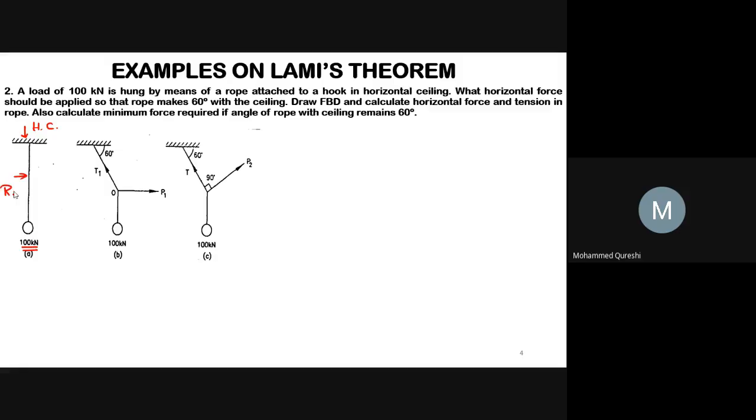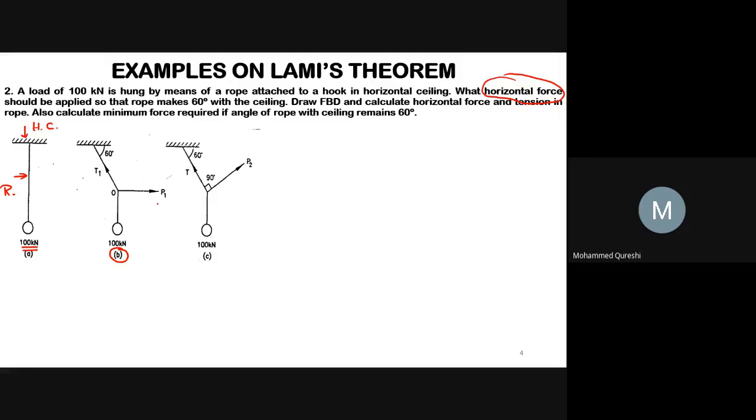Now, what horizontal force should be applied means we have to calculate this horizontal force. What horizontal force should be applied so that the rope makes 60 degree with the ceiling means we have to draw this figure for the same condition.